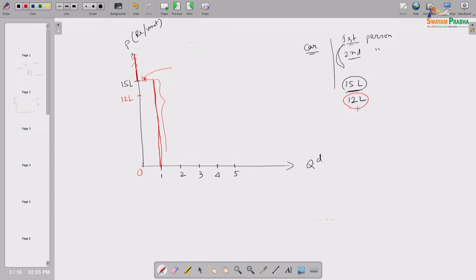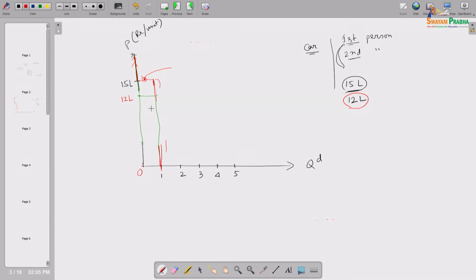So, his demand curve will be this green color: look here, this continues, then there is a break here, and then this continuous vertical line from the 12 lakh. That will be the second person's demand curve.